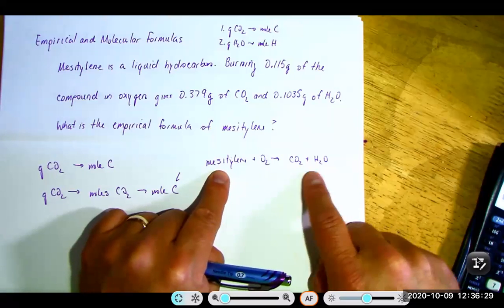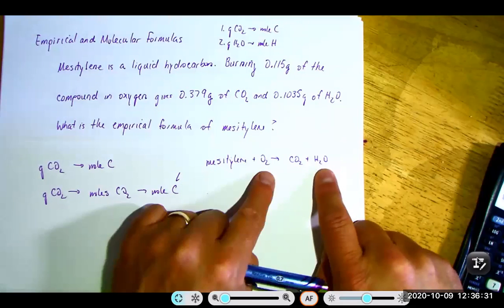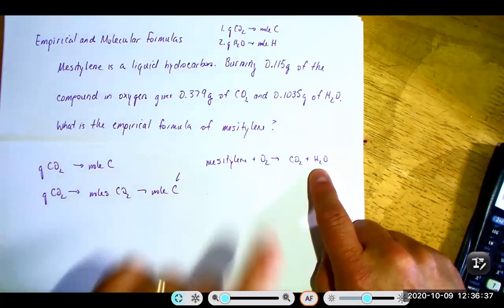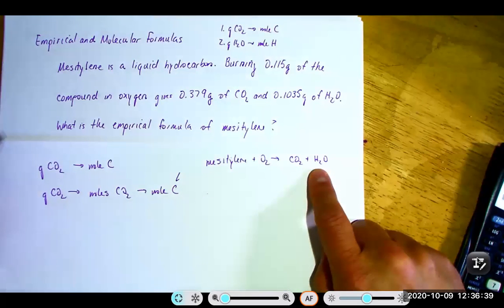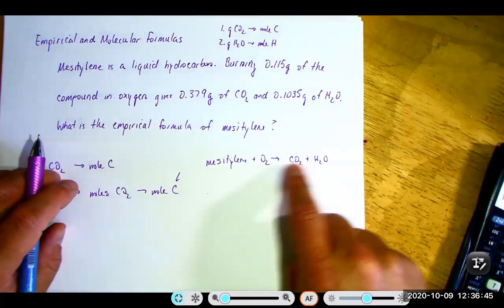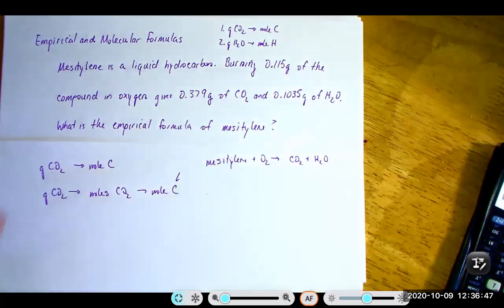Here, this oxygen has no hydrogen. So where does every atom of hydrogen come from? Acetylene. So that means the number of carbons here equals the number of carbons here. The number of hydrogens here equals the number of hydrogens here. And that can be used to get the ratio of atoms in the compound and the formula.